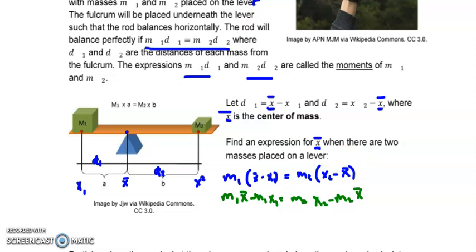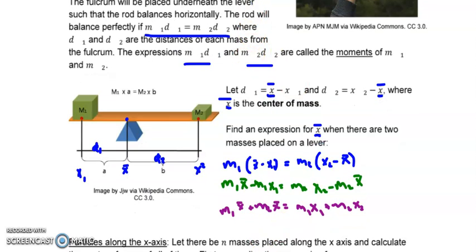And then I'm going to add to get the x bars on the same side of the equation. So m1 x bar plus m2 x bar. And I'm going to subtract to get everything without an x bar on the other side of the equation. So m1 x1 plus m2 x2.